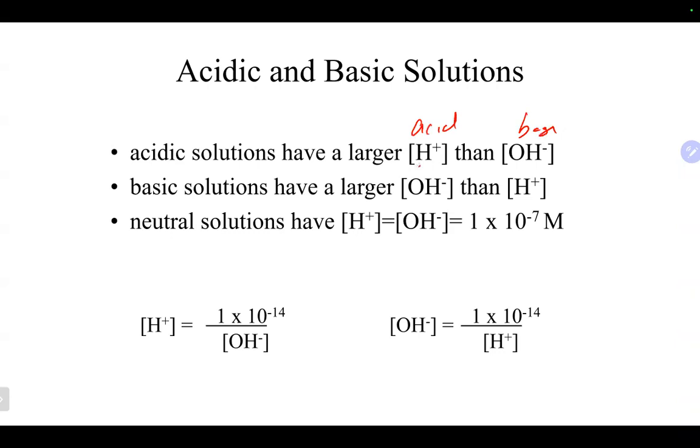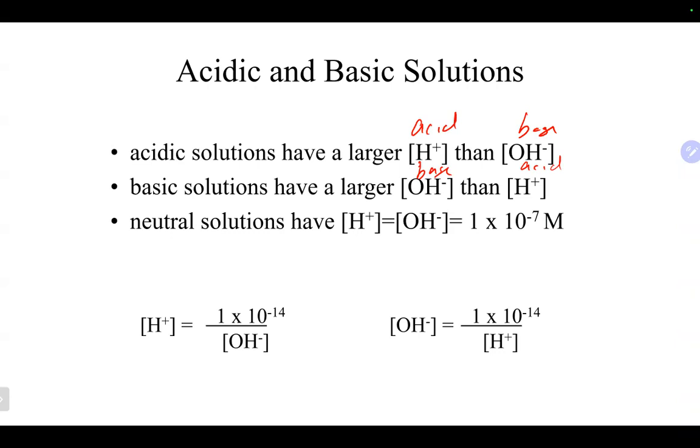If the OH-, the base part, is larger than your acid part, it's going to be basic. And if they equal each other, you will have neutral, and it will be 1 times 10 to the minus 7.